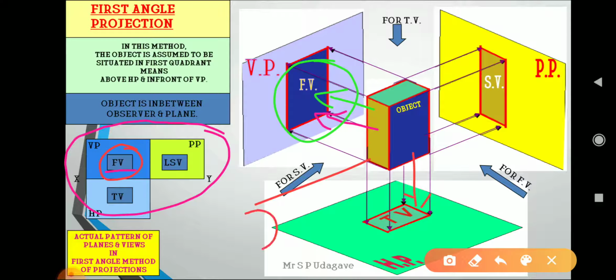We take the projection of both at 45 degrees, or we can use the compass, and we can draw the left hand side view on the right hand side for the first angle projection method.